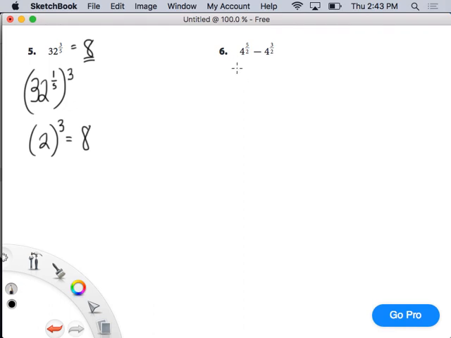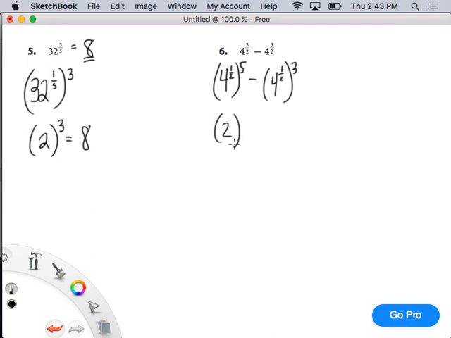4 to the 5/2. Okay. Denominator on the inside is 1/2. 4 to the 1/2, 5 on the outside, minus 4 to the denominator on the inside, 1/2, 3 on the outside. 4 to the 1/2 is 2.